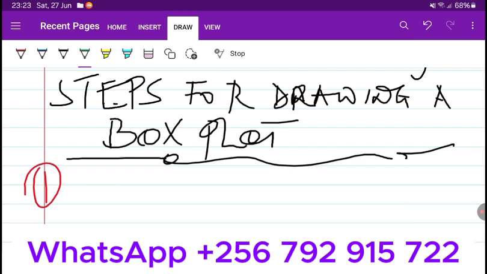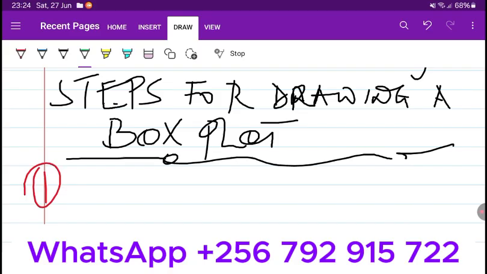Step number 1 is all about finding the first 5 numbers. When you are finding these first 5 numbers, you will first have to arrange the data in ascending order, because from there it will be very easy for you to identify those numbers.